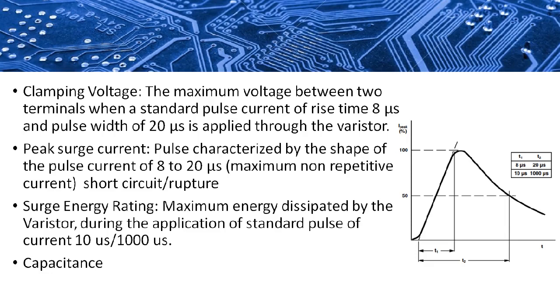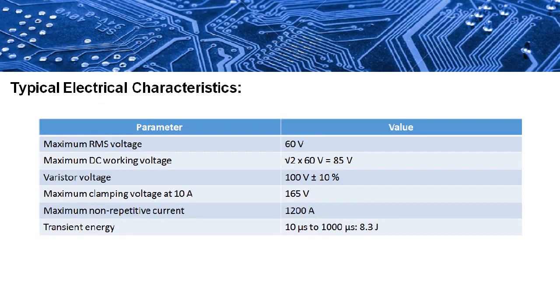The next specification is capacitance, the value between the terminals of the varistor, and this plays a vital role when varistors are used for protecting digital circuits. These are the typical electrical characteristics of the varistor.